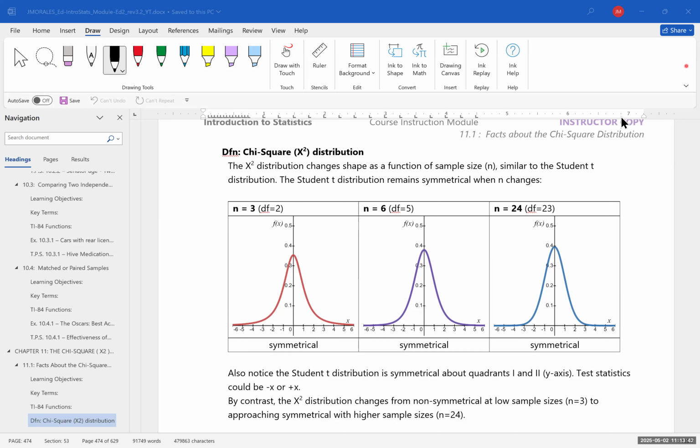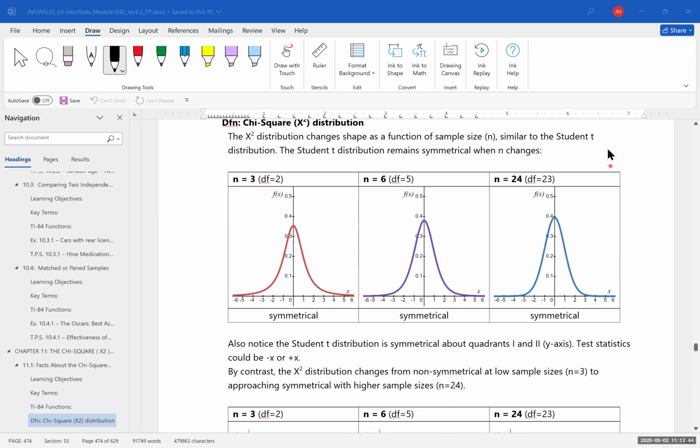The student's t-distribution remains symmetrical when the sample size changes. So what we've got here down below is actually the student's t, and you can see here sample size is going up. And as sample size goes up, the peak at the center of the distribution also tends to go up.